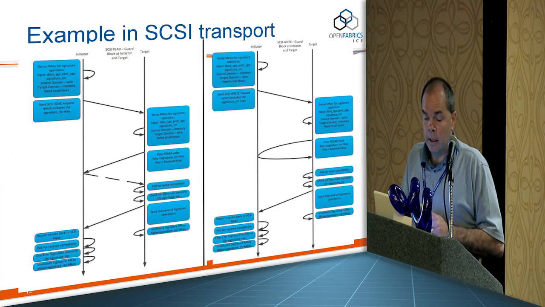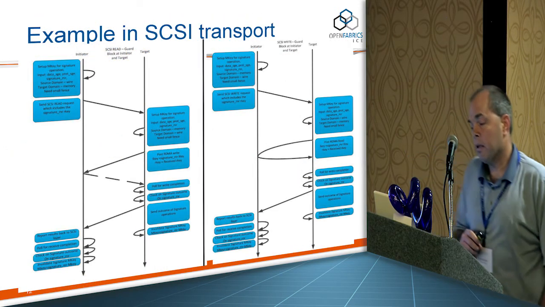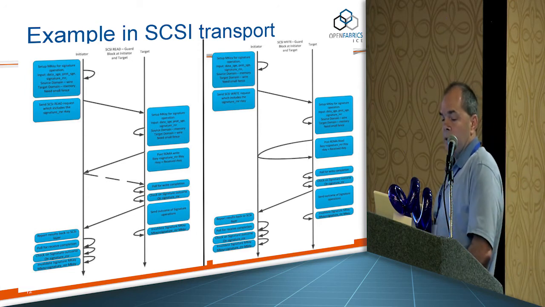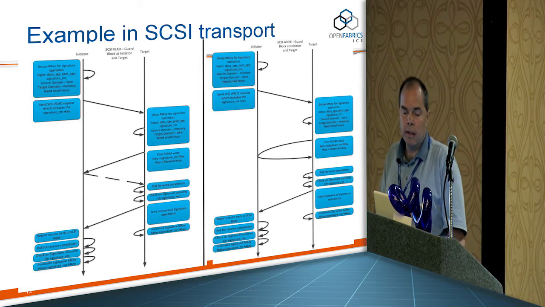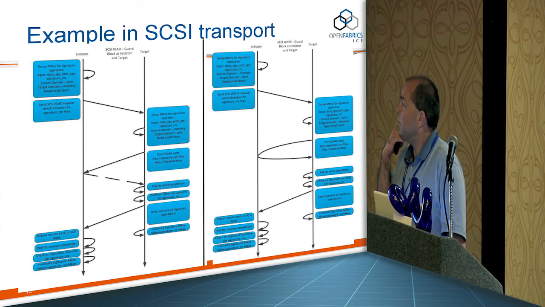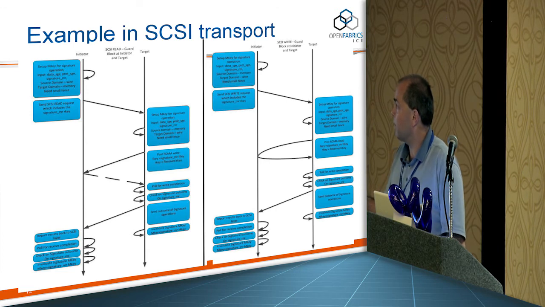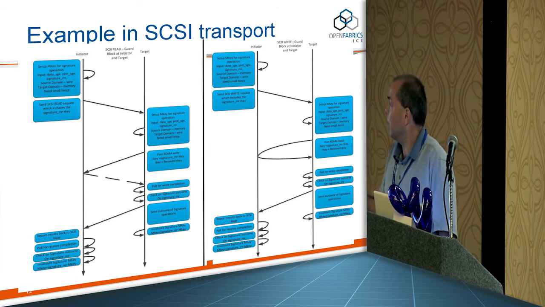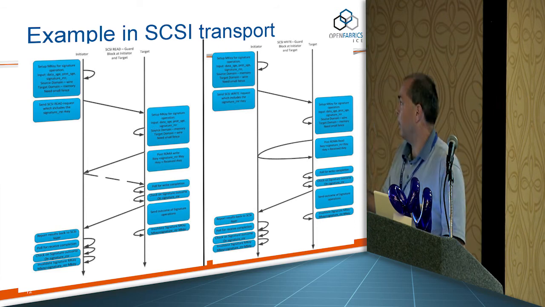And so when it comes to what one does, for example, in a SCSI transport using these capabilities, I have two flows here. One is when data is being written from the initiator to the target. So on the initiator side, there are things that are set up before the data is transferred.